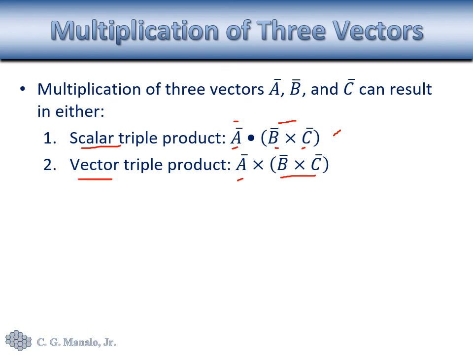Now, let's say I cross it with this one. This one will yield a scalar result, and the question is, is there such a thing as a vector cross product with a scalar? Well, we haven't explored this one, and this is an open question whether such a product exists or applies to some phenomena.